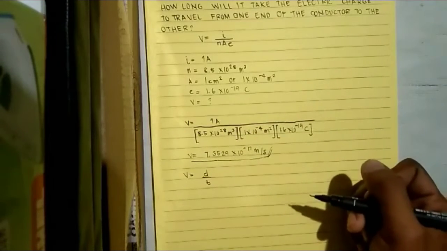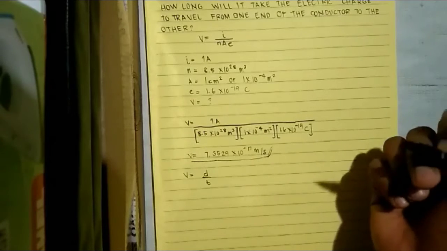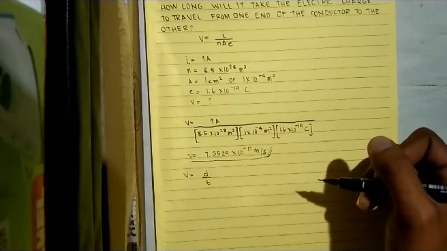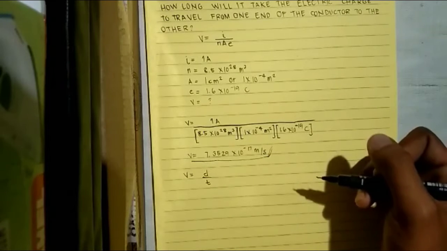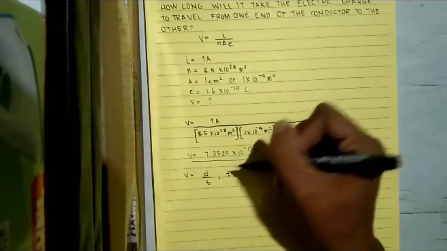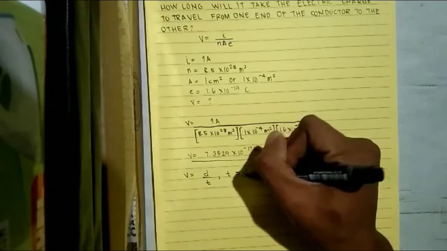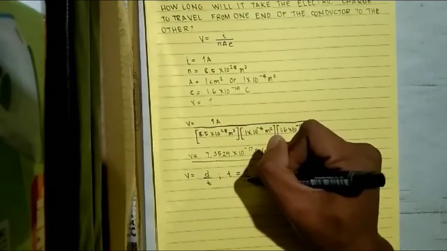Time ang hinahanap, aayusin lang natin ang formula, makukuha natin ang value ng time by cross multiplication. Kaya magiging T is equals to distance over velocity.